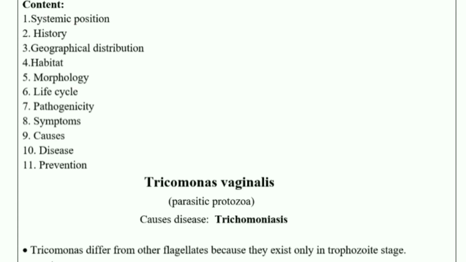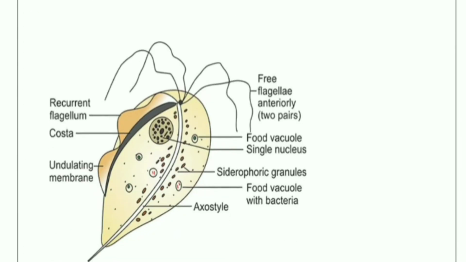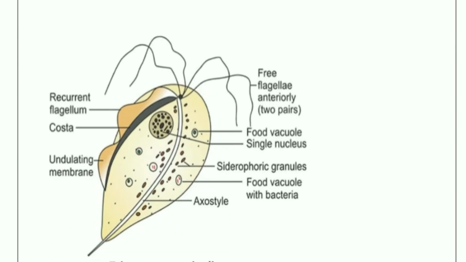And here you can see this Trichomonas vaginalis. It is a parasitic protozoan. You can have a look at the picture that I have displayed here. First we will look at the parts of Trichomonas vaginalis, the labelings. It has free flagella located anteriorly, in two pairs. You can see the food vacuole, and it has a single nucleus, that is, uninucleated. It has siderophilic granules, and you can see food vacuoles with bacteria.